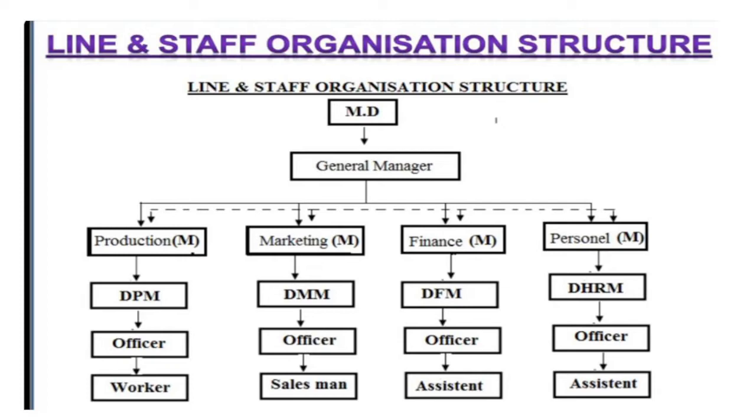Everything will be designed by the production manager. Okay, so in line and staff organization, there are managing director, general manager, production manager, marketing manager and personnel manager, deputy, officer, worker. This is line organization. So for them, they may appoint specialists in that organization to advise in marketing or whatever it may be.